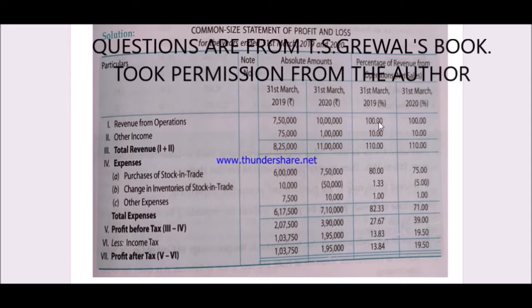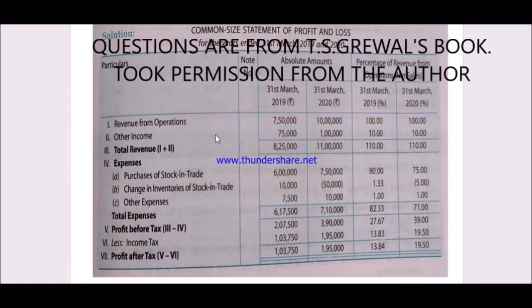So what did I say? As it is a common size statement of profit and loss, revenue from operation has to be taken as 100%. Okay. Now come to the other income. How can we calculate that other income? 75,000 is the other income. Okay. So now the formula is that the percentage of a particular item is equal to this item divided by revenue from operation into 100.